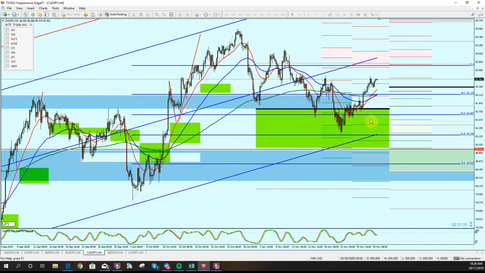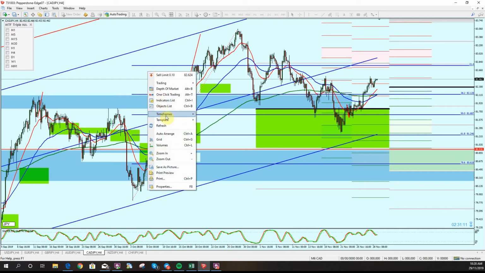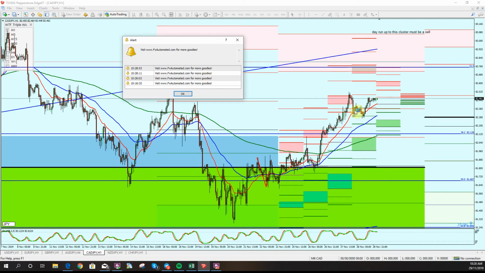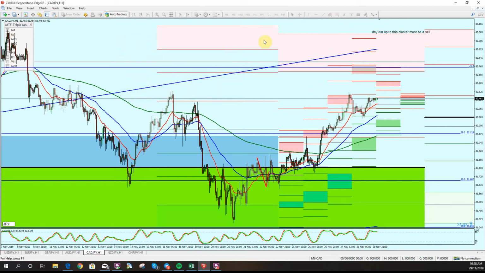But for the moment, I'm just going to look at this week. These ones here are now daily pivots. This is my target for the week.